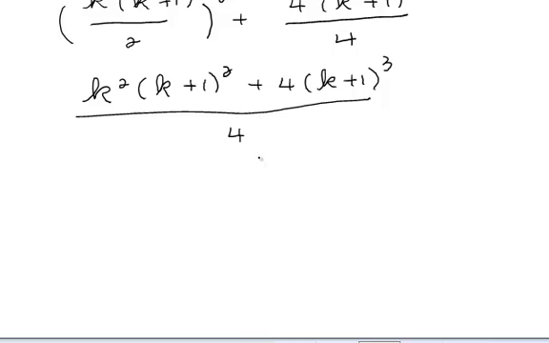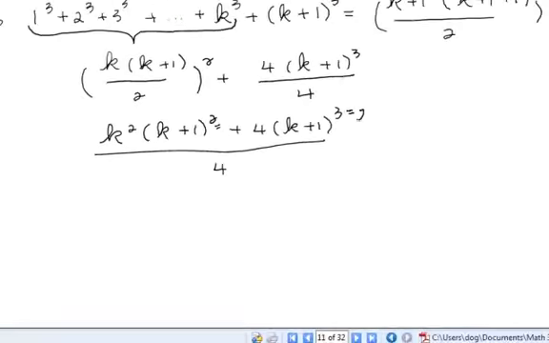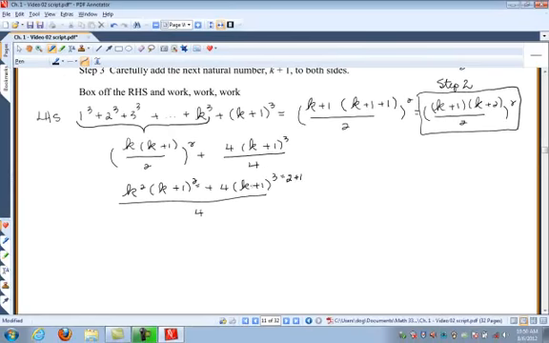And then I want to note something for you. I want you to notice, see here, k plus 1 cubed, 3 equals 2 plus 1. This is (k plus 1) squared times (k plus 1). So let me write it that way. This is k squared times (k plus 1) squared plus 4 times (k plus 1) times (k plus 1) squared.